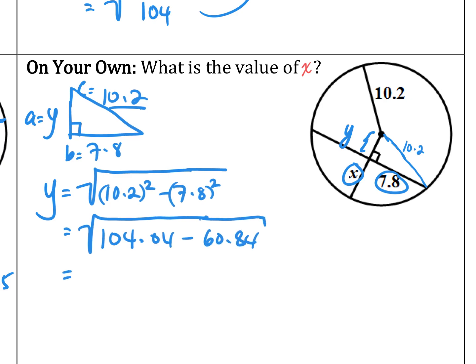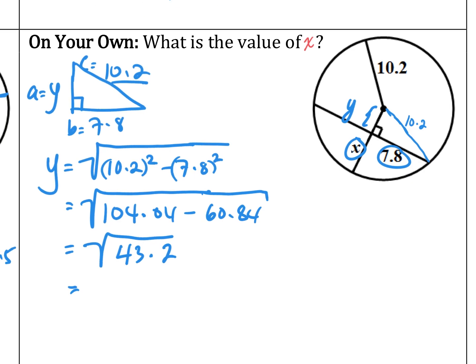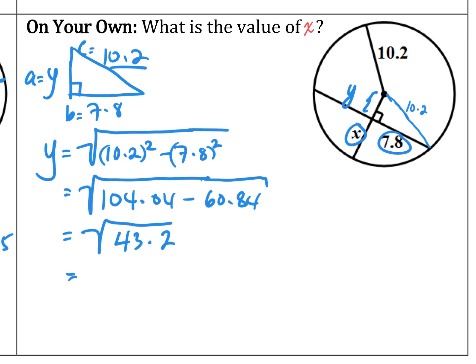We deduct both, so we're going to have 43.2. I'm using my calculator, guys. So here my y is now going to be 6.57, which is approximately 6.6.